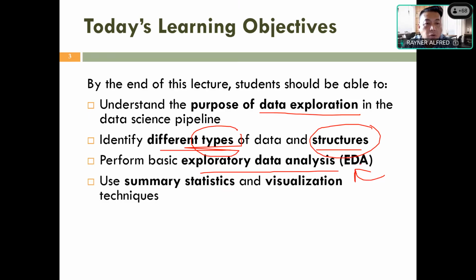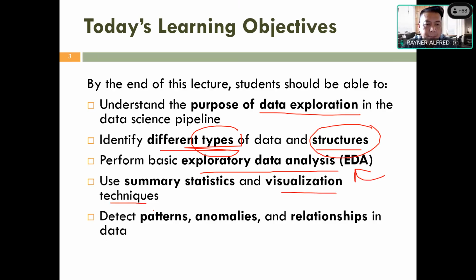And then how to use summary statistics and visualization techniques in order to understand your data. And lastly, to detect patterns, anomalies, and relationships. So these are the 5 learning outcomes that you should be achieving by the end of the day.